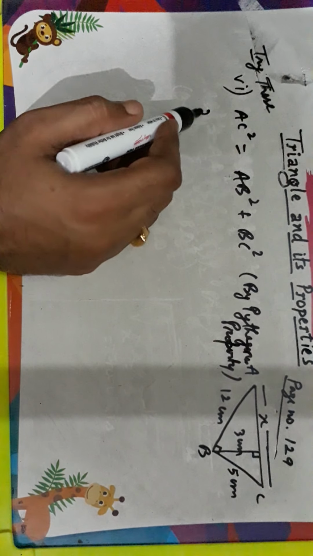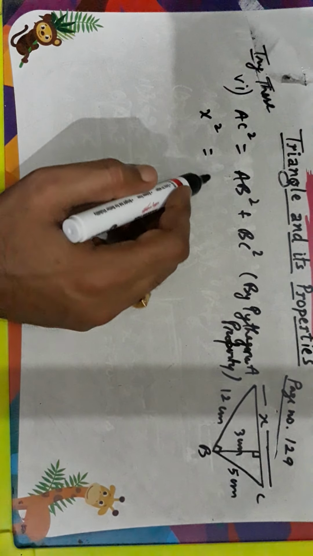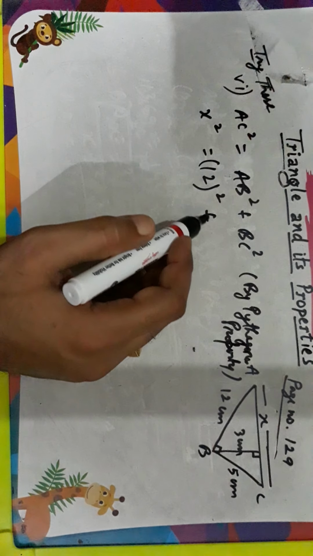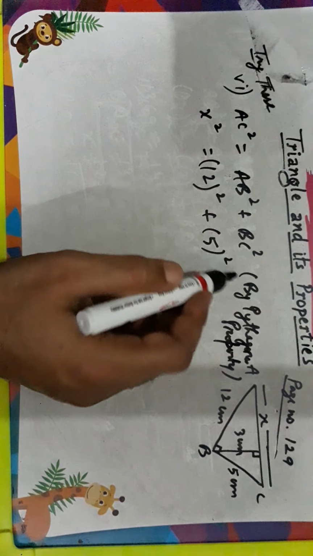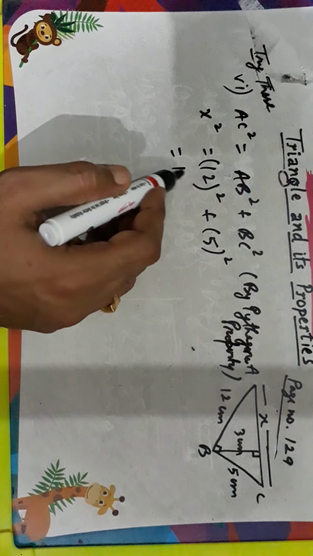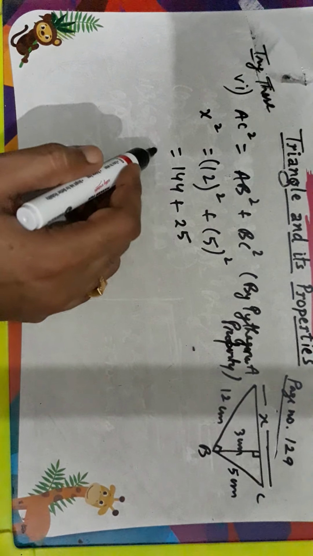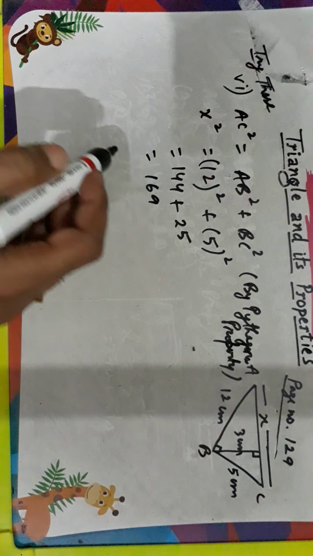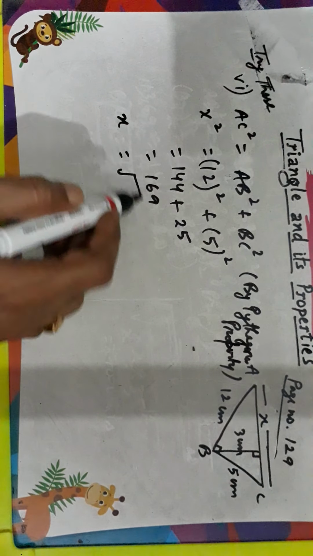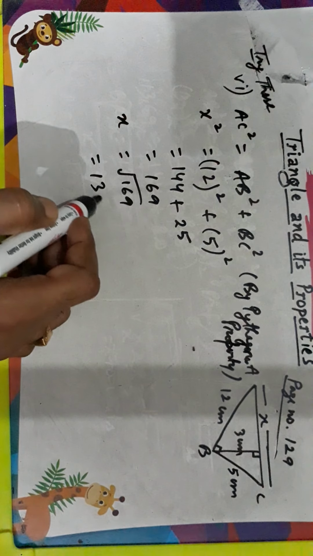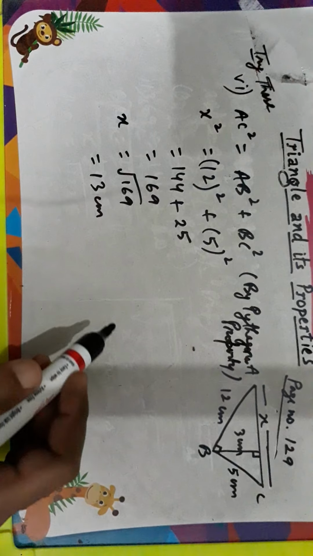Now AC square means x square equals AB square, which is 12 square, plus BC square, which is 5 square. 12 square is 144, 5 square is 25, total 169. So x will be under root 169, and 13 centimeter will be the value of x.